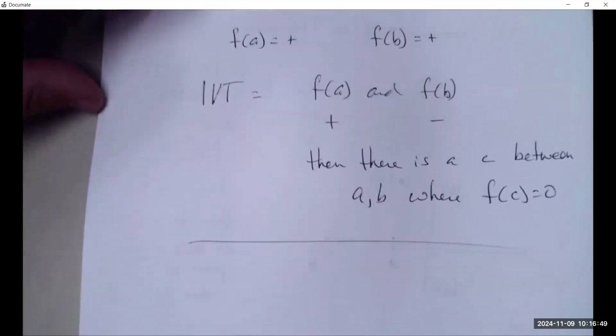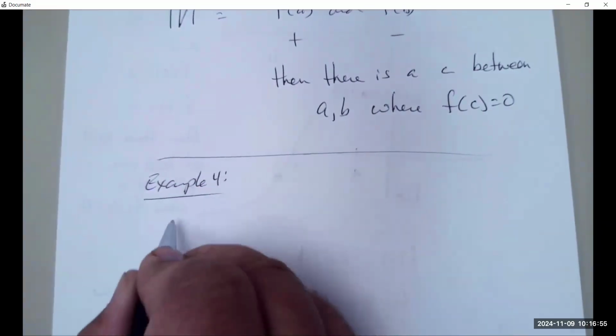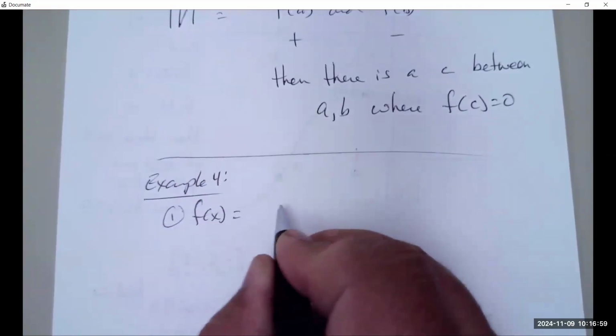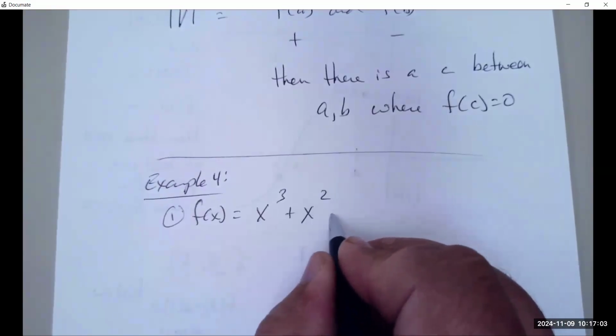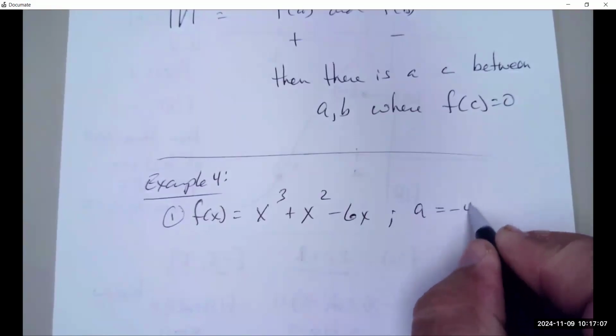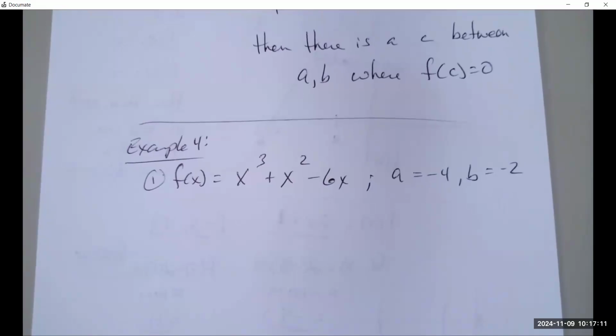Let's look at these examples and maybe it'll open it up. Example 4. F of x is x cubed plus x squared minus 6x. A is equal to -4. B is equal to -2.